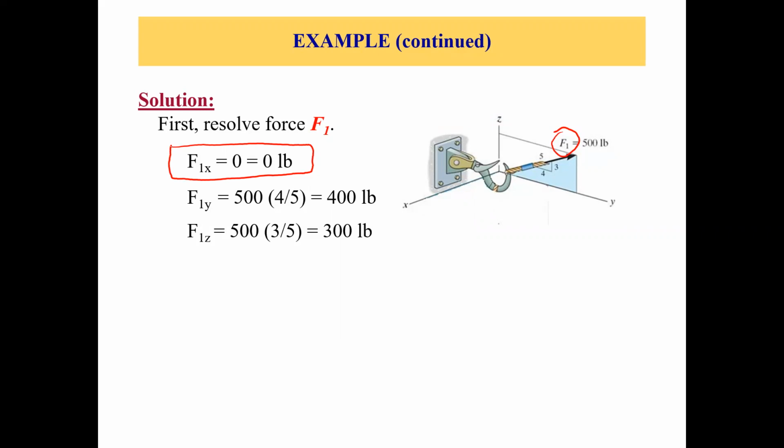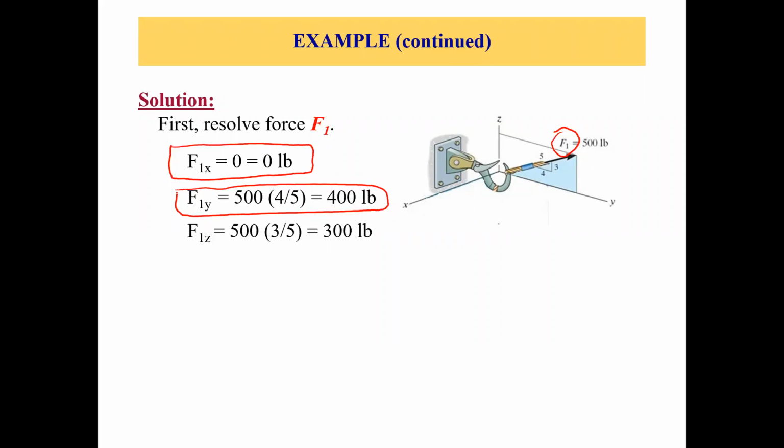Now we can resolve this F1 into y and z components, right? So let's do that. F1y equals F1 times 4 by 5, right? So we'll do this and we get F1y as 400 pounds. Okay, all right. Now let's talk about the z component.